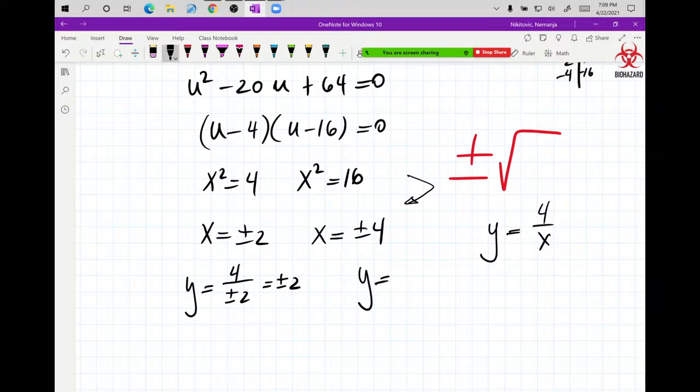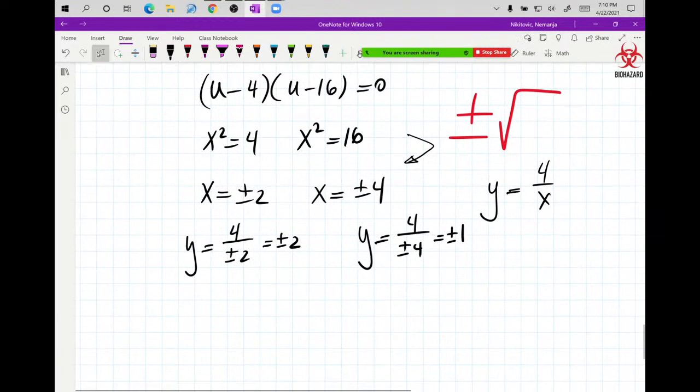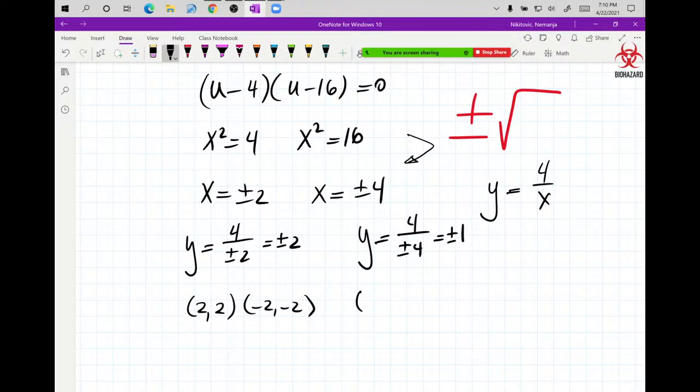And over here, y equals 4 divided by plus or minus 4, which is plus or minus 1. So there you have it. It will be positive 2, positive 2, and negative 2, negative 2. Then we have 4 and 1, and negative 4 and negative 1.